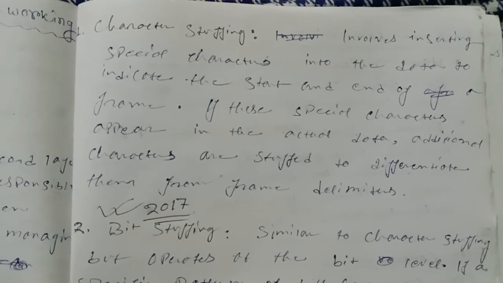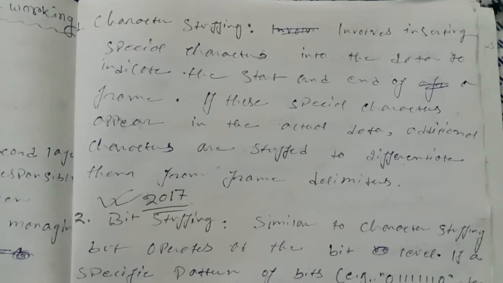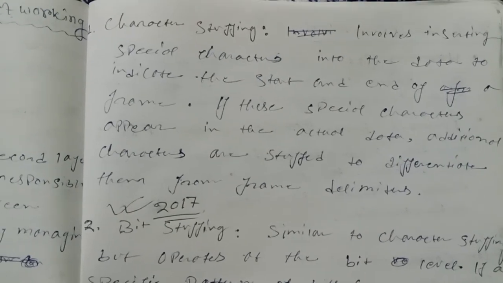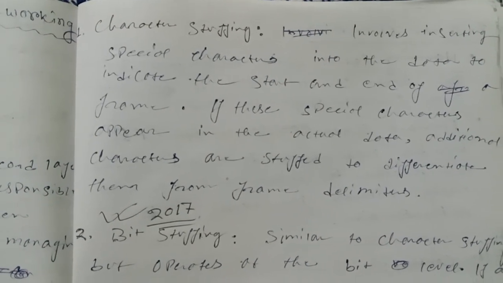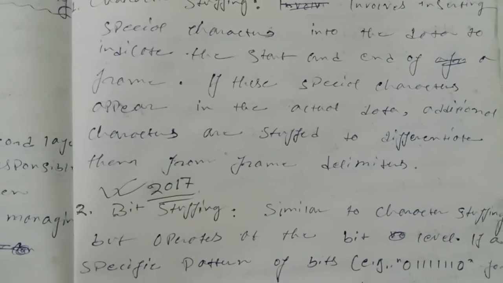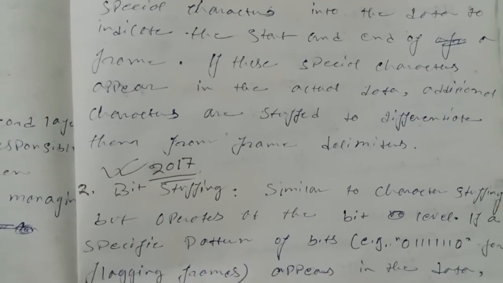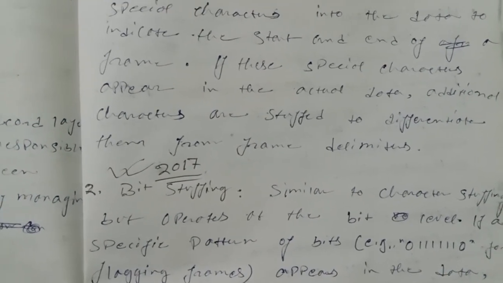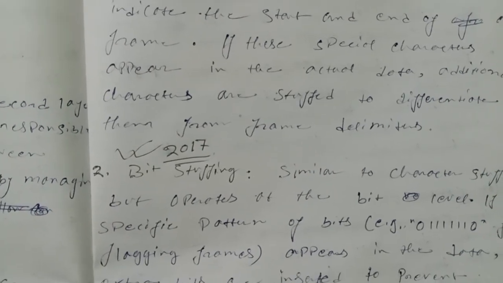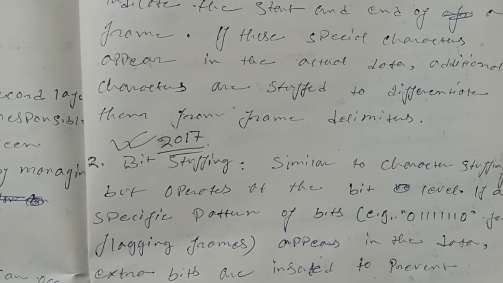So let's see, character stuffing involves inserting special characters into the data to indicate the start and end of the frame. If these special characters appear in the actual data, additional characters are stuffed to differentiate them from frame delimiters.